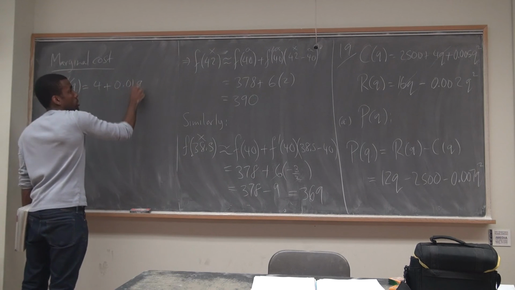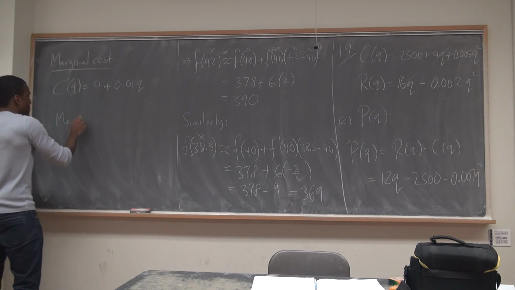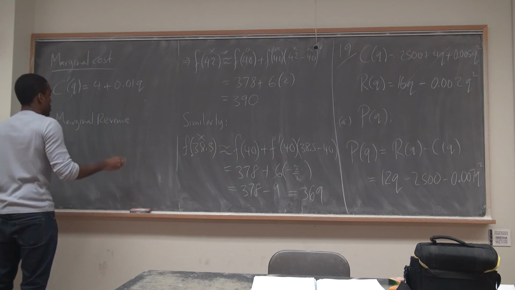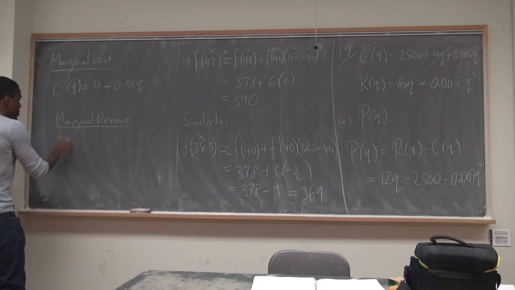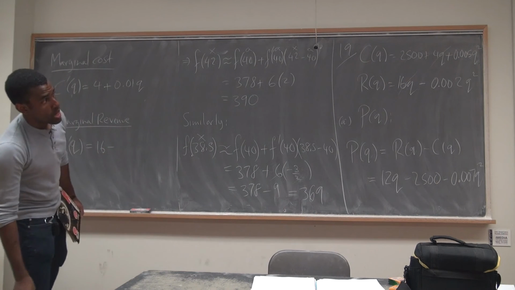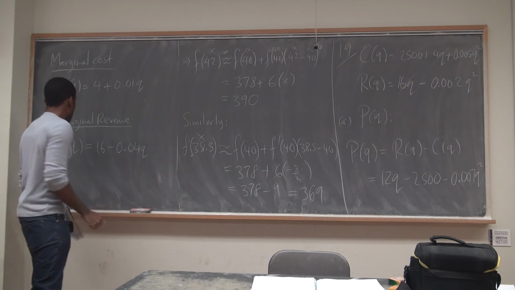Yeah, 0.01. And the marginal revenue is just the derivative of the revenue function, which is just going to be 16 minus 0.004Q.